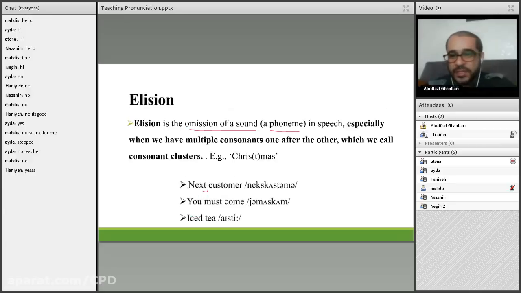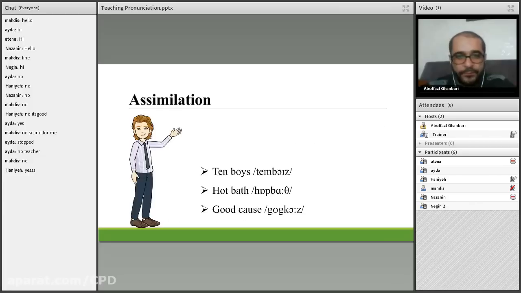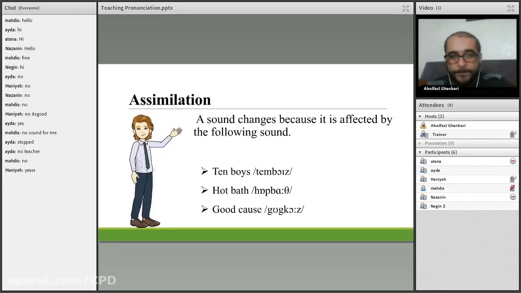What is assimilation, Hania? In assimilation, we add a word between the two. No. For example, mother and father.